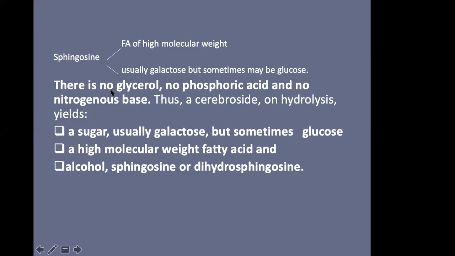There is no glycerol in cerebrosides, no phosphoric acid, and no nitrogenous base. So by hydrolysis of cerebroside, you can yield a sugar, which is either glucose or galactose, a high molecular weight fatty acid, and the alcohol sphingosine or dihydrosphingosine.